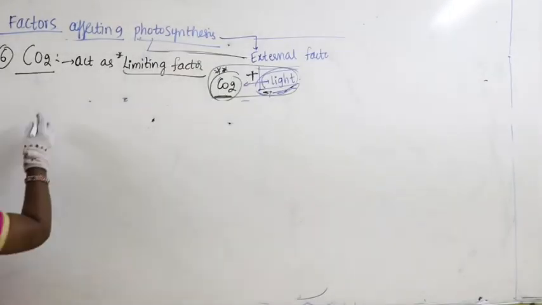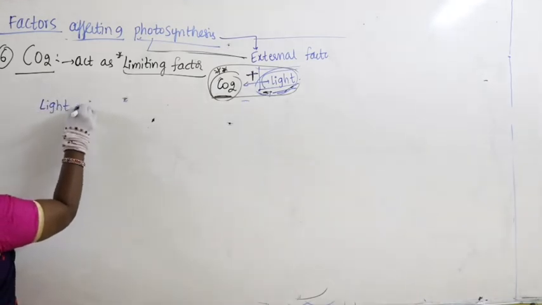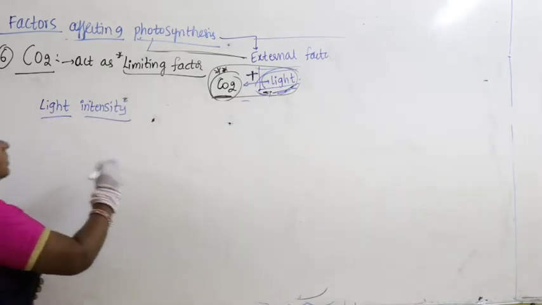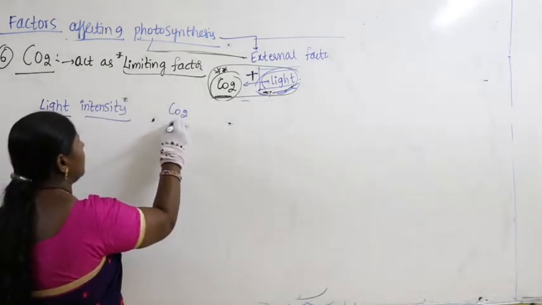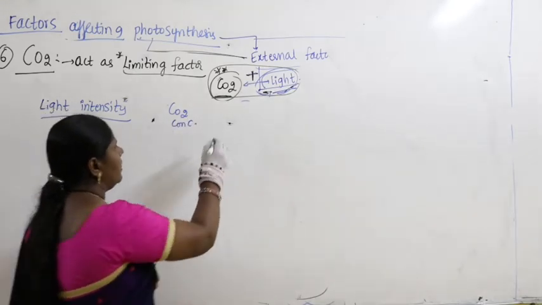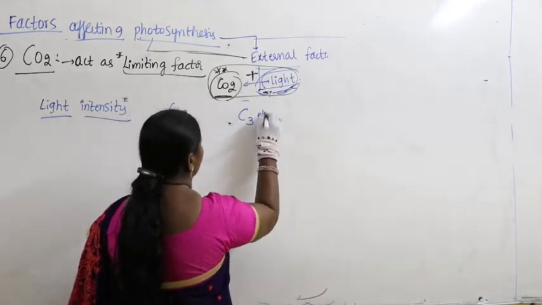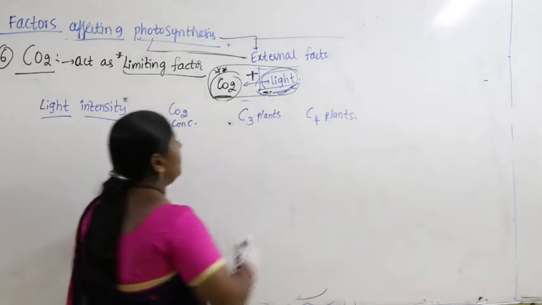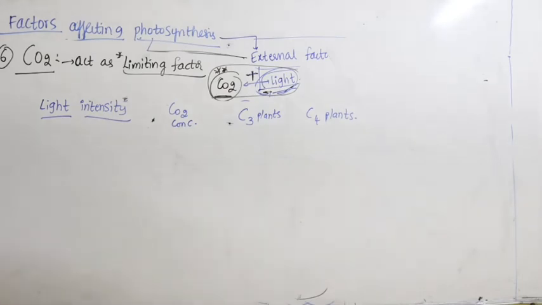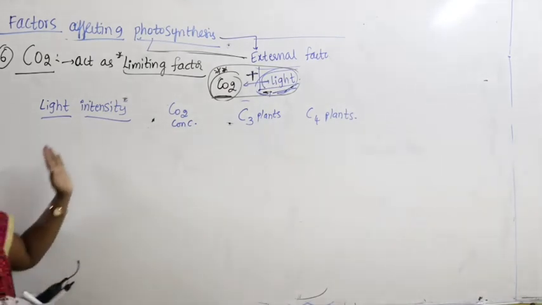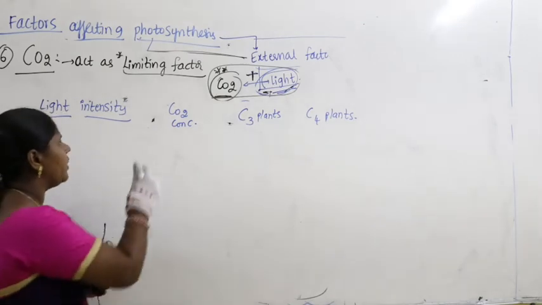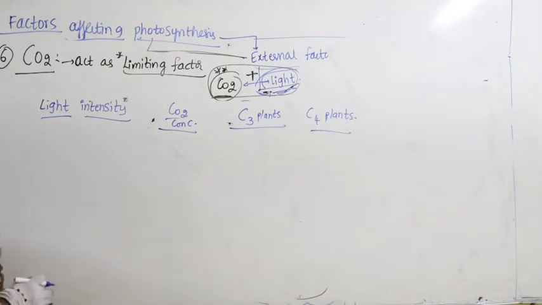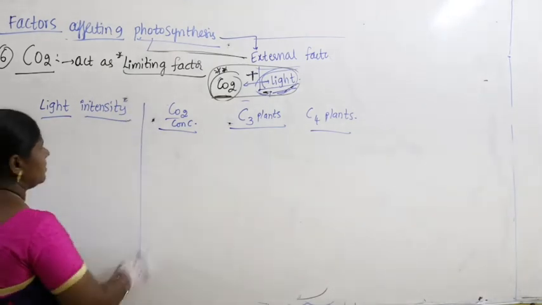So, we are taking four factors: light intensity, carbon dioxide concentration, C3 plants and C4 plants. We are choosing four parameters: what is the light intensity, what is the carbon dioxide concentration at that point of time, and what is the response from C3 and C4 plants.